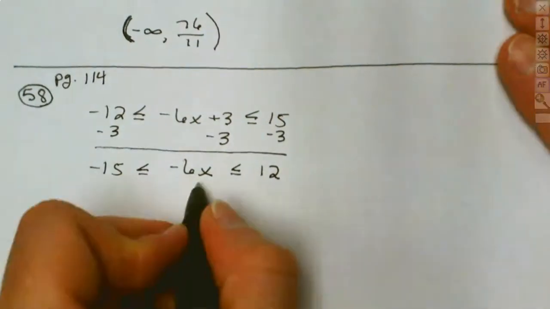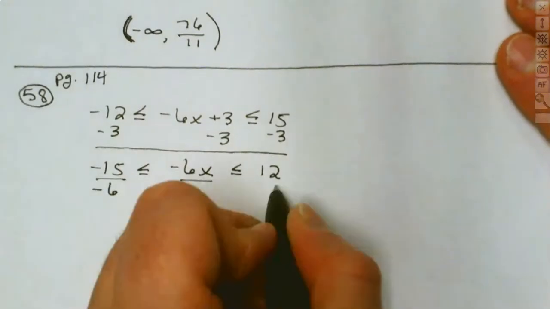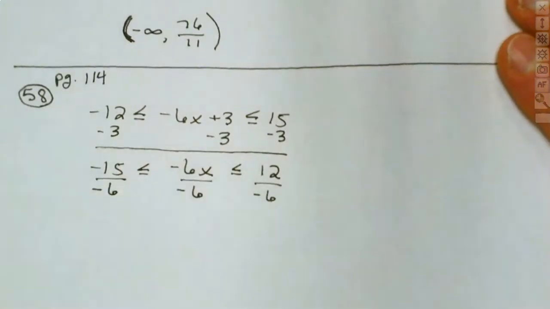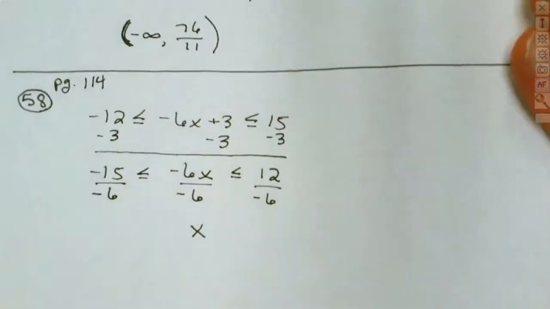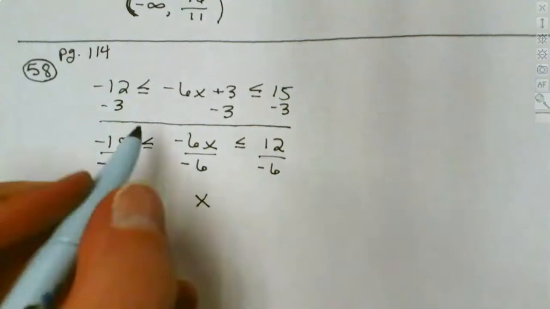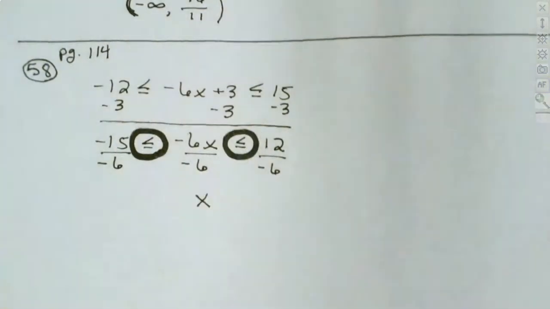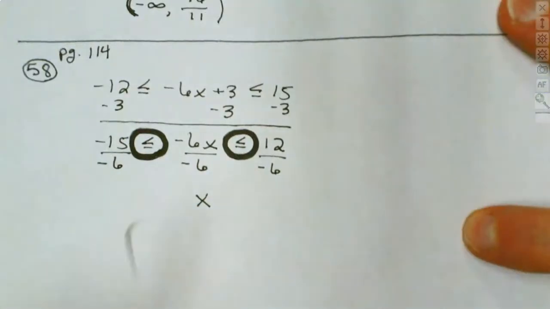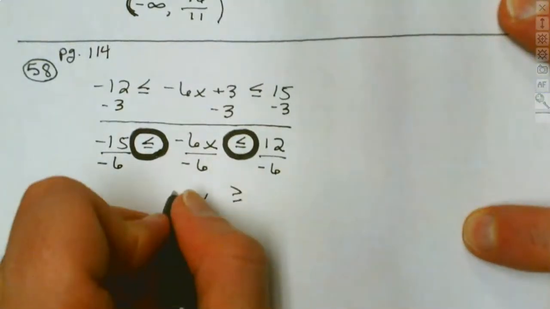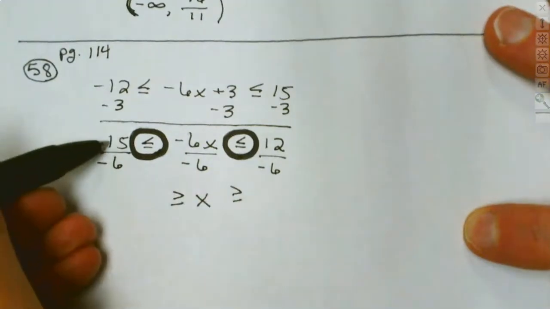Now we're going to go ahead and divide by that negative 6. That gives me an x here in the middle. Now what's going to happen to my inequality symbols? Switch both of them, right? Why am I switching them? Divided by a negative. Negative and negative makes us a positive.